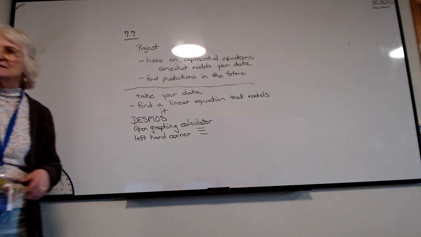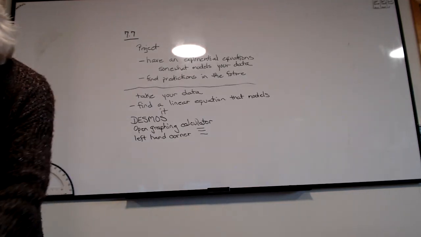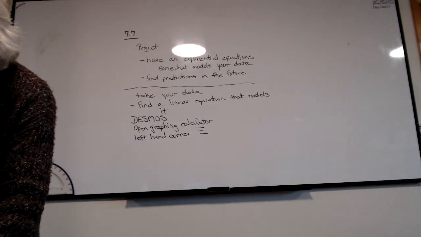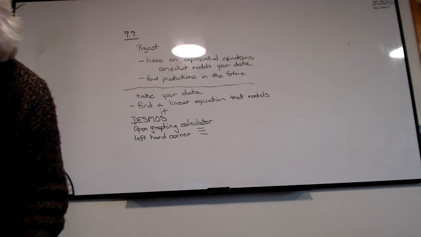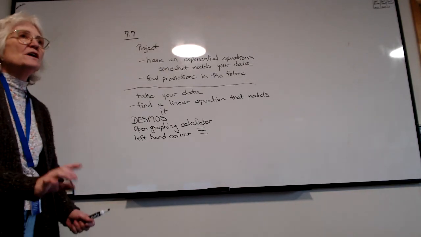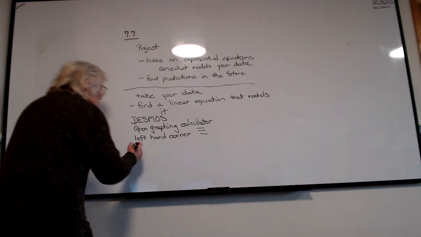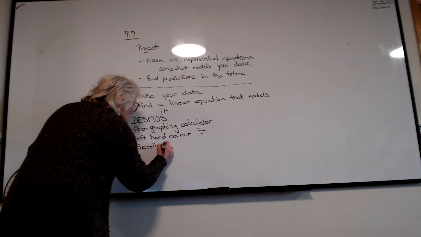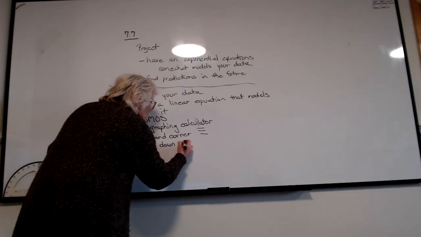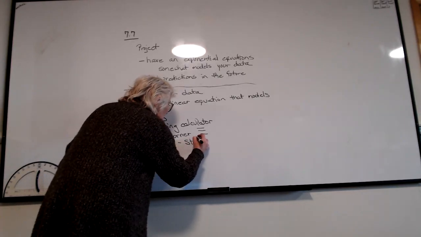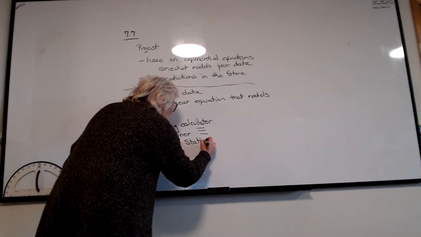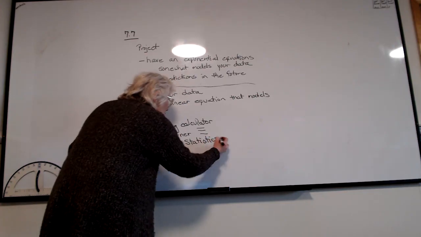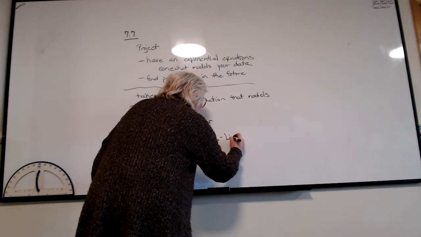Click on that. When you click on that, it's going to give you a list of choices. You want to scroll down to statistics, linear regression.